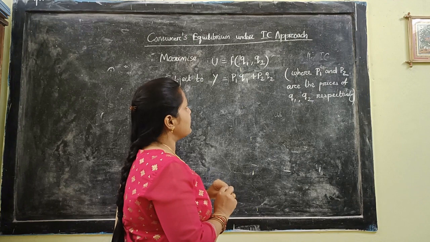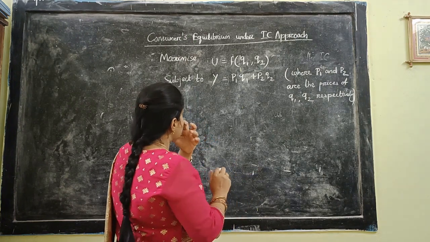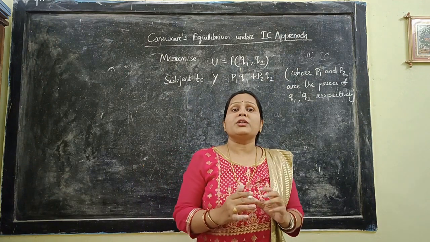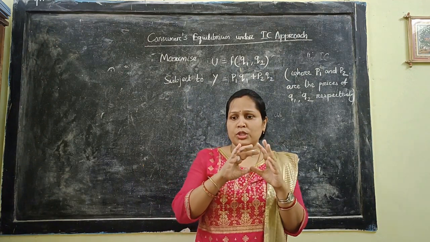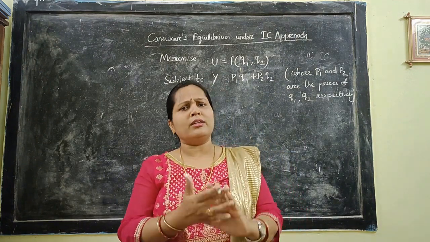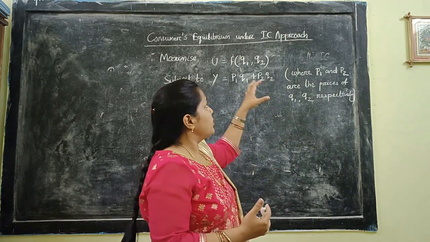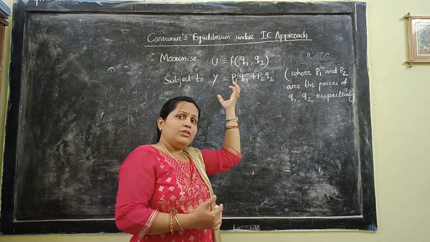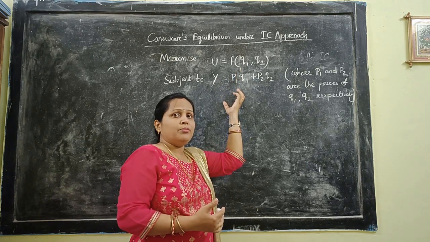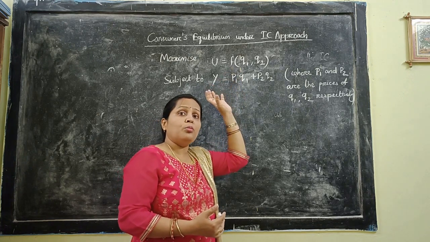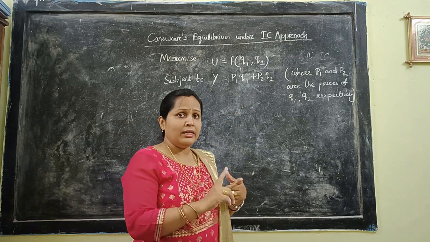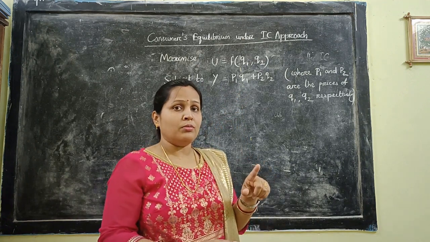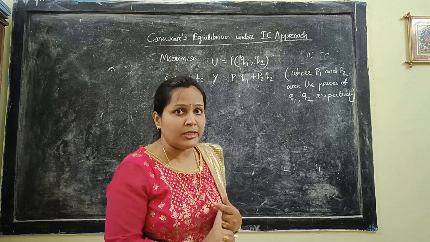So how to do this? For this we have to make the composite objective function. Suppose you do not have any constraint, then there is no problem, you can go simply with your objective function. But when a constraint is given to you, you have to form the composite objective function taking your constraint into account, and that we will form with the help of a Lagrangian multiplier.